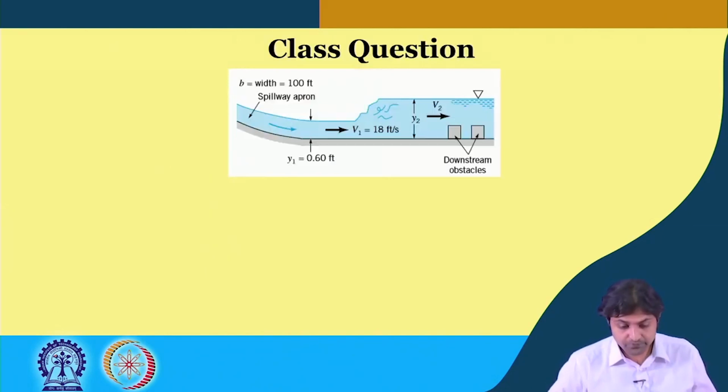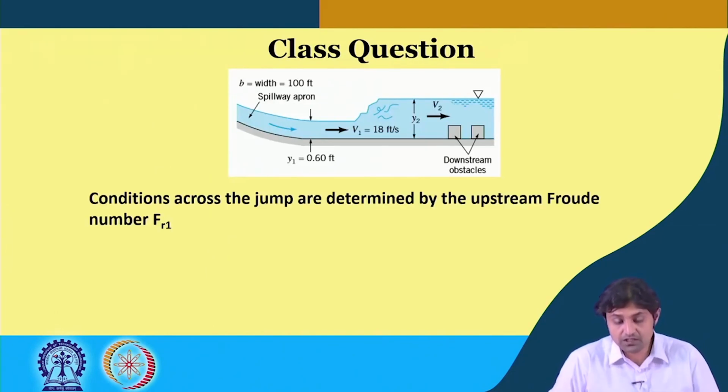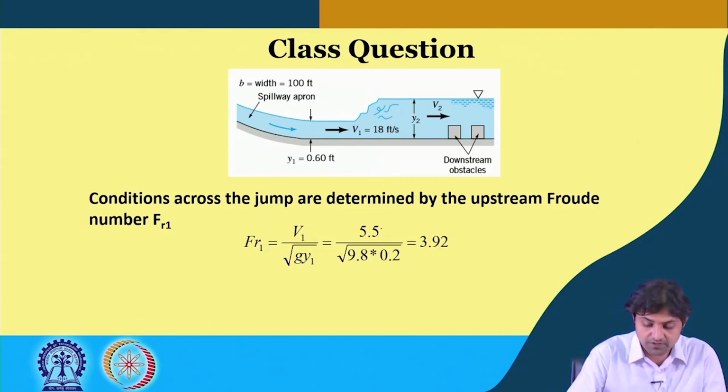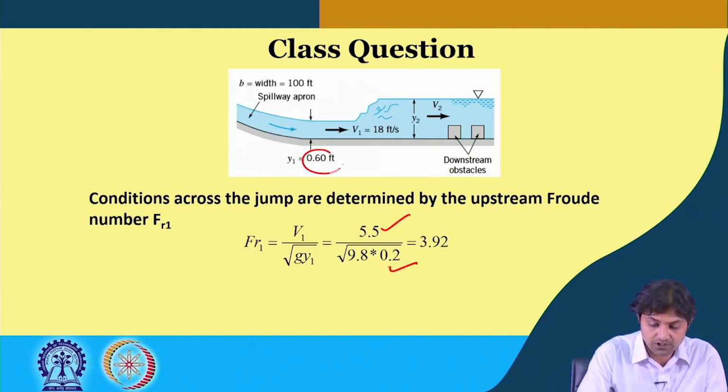In this question, the conditions across the jump are determined by the upstream Froude number Fr1, which we also have to find out actually. So, Fr1 is given by V1 divided by the square root of g y1. V1 was given as 5.5, y1 was given as 0.2. 18 feet per second means 5.5 meters per second.